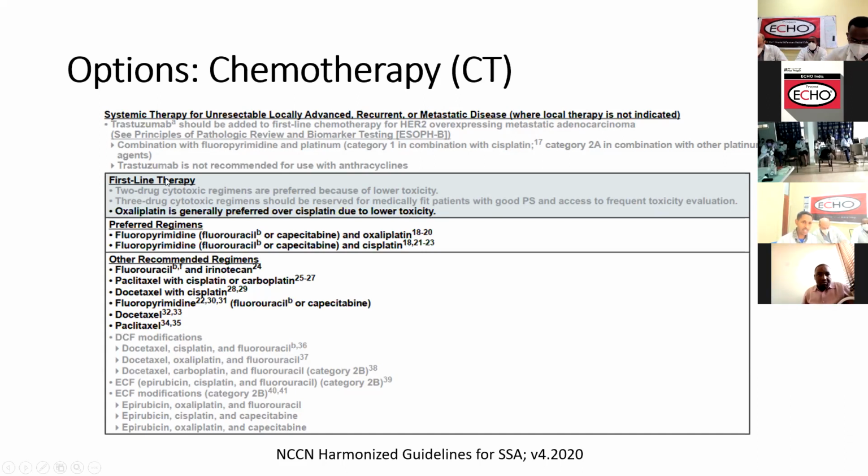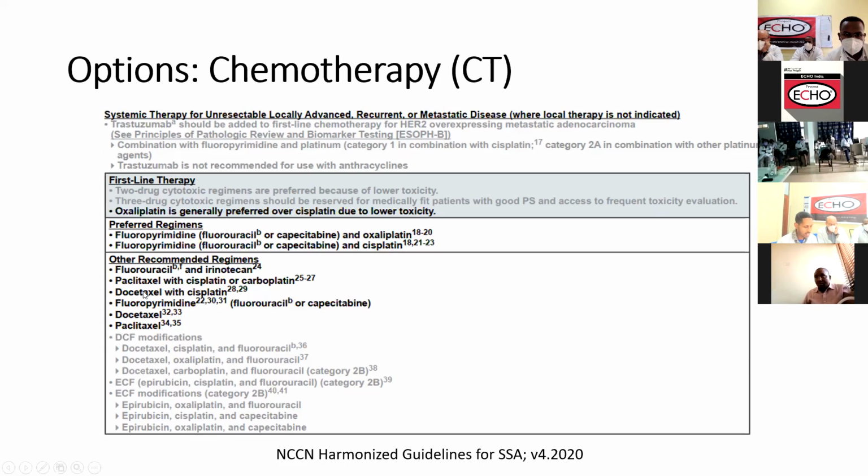As a first-line chemotherapy option, as you can see, fluoropyrimidine preparations, either 5-FU or capecitabine, in combination with oxaliplatin or cisplatin can be used. But other options like 5-FU with irinotecan, or Taxol with cisplatin, or docetaxel can be used.